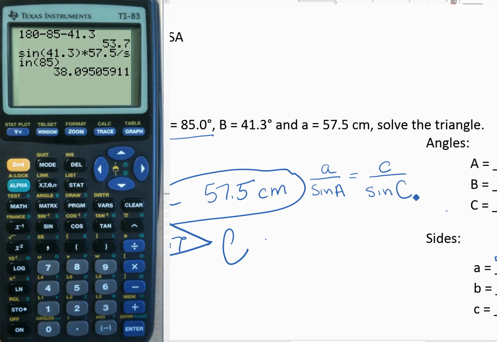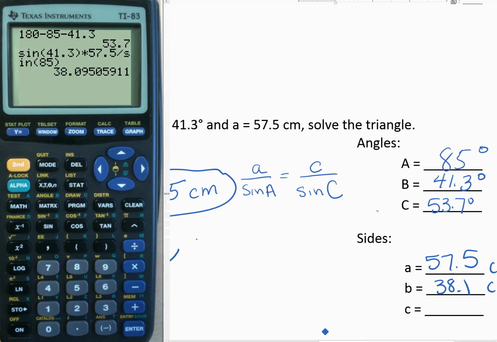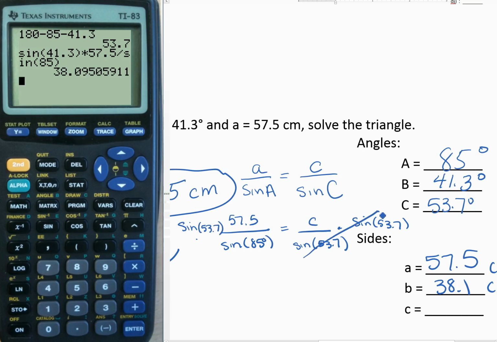So a was 57.5, so we have 57.5 over sine of 85, just like we had before, equals c over, now angle C is 53.7, so over sine of 53.7. So I'm going to multiply both sides by sine of 53.7, because on this side they cancel out.